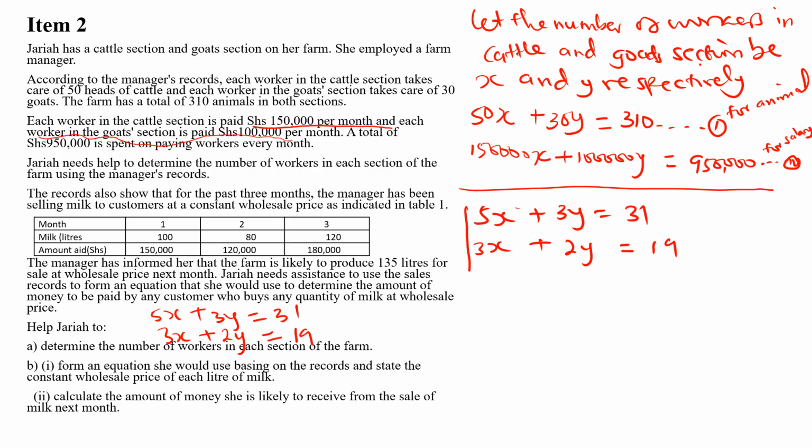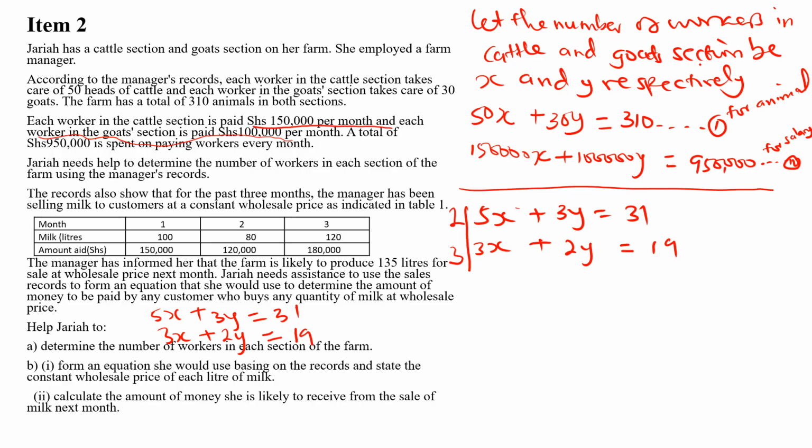So you put the coefficient of y in the second equation, 2, and multiply throughout the first equation. And also multiply the coefficient of y in the first equation throughout the second equation.